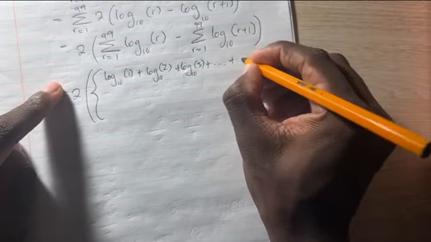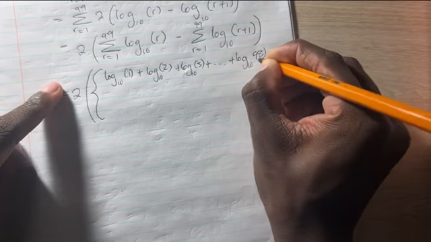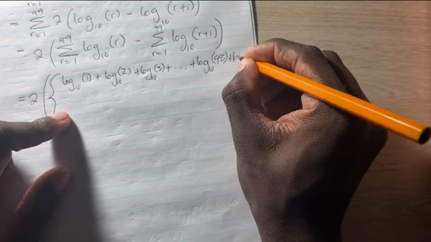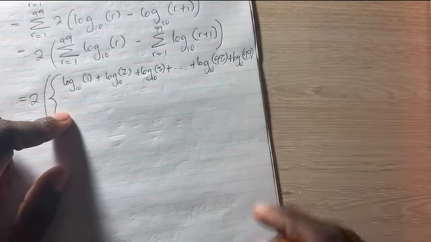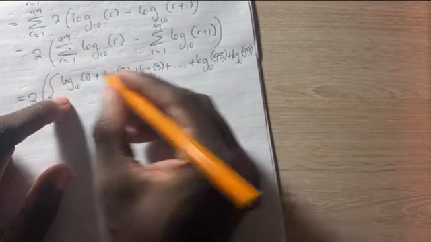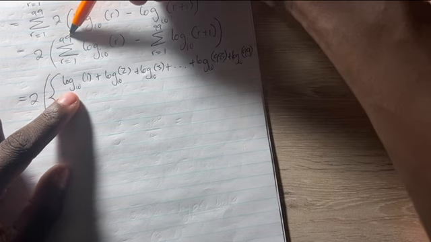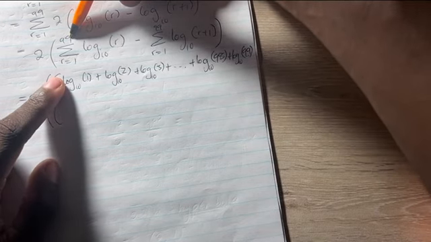Now let's go to log base 10 of 98, and let's also include log base 10 of 99. Okay, so that's this guy. It starts from log base 10 of 1, and ends at log base 10 of 99, where r is 99.